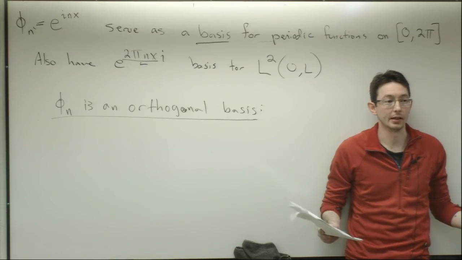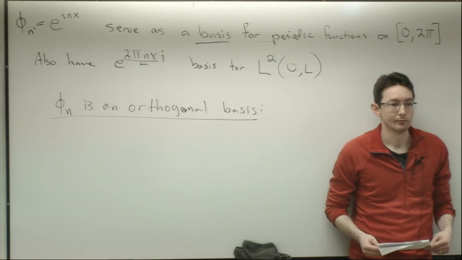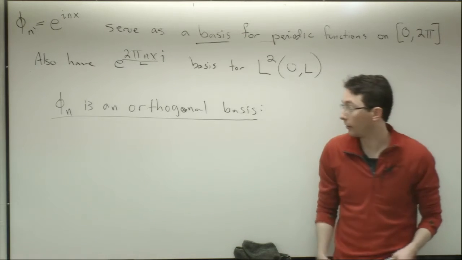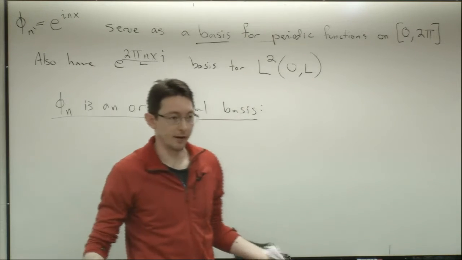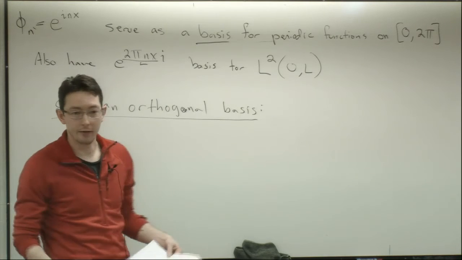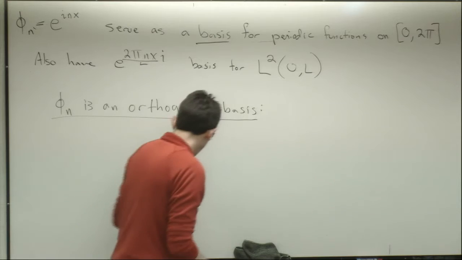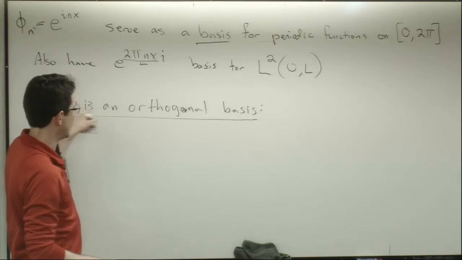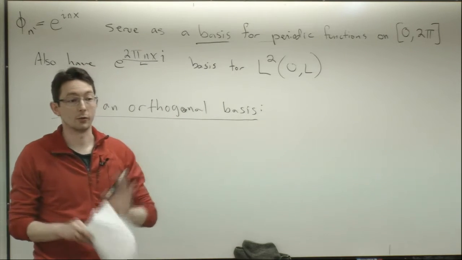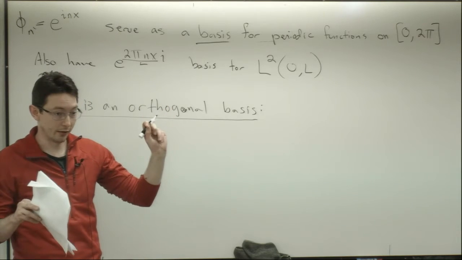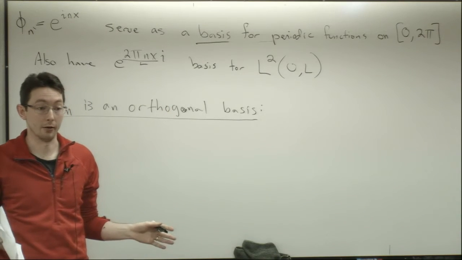What does it mean to be perpendicular? Zero inner product. Orthogonal just means perpendicular. It's a fancy word for perpendicular, and having zero inner product is how we quantify whether things are perpendicular. So all of these functions are orthogonal to each other if their inner products are 0.